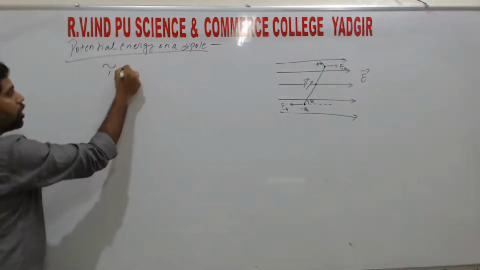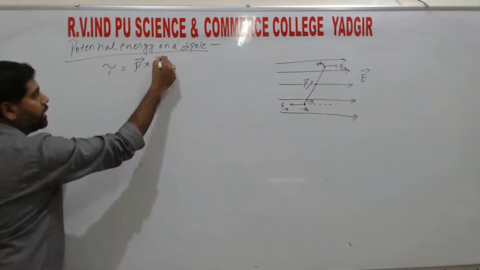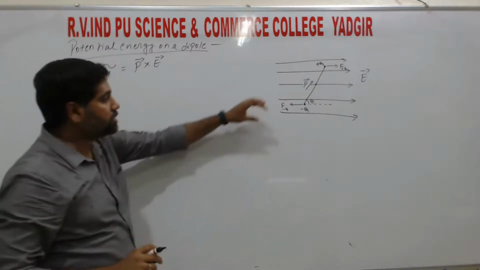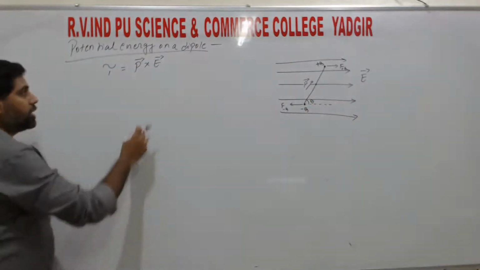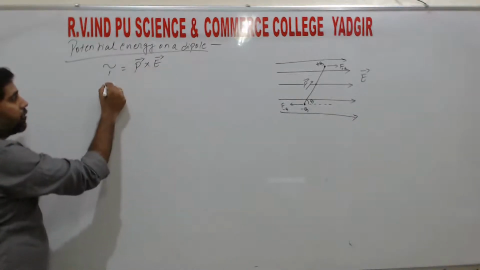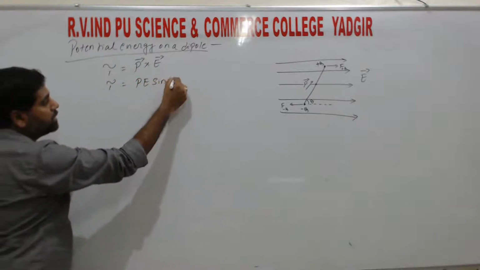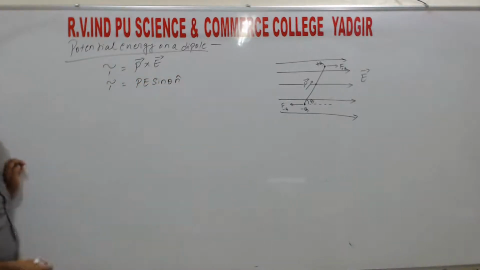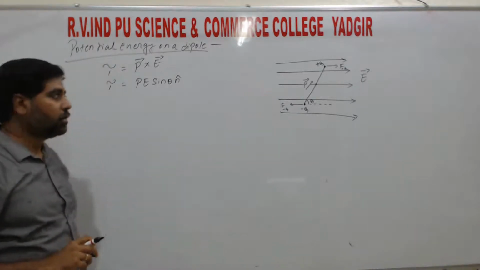We know torque equals P cross E, where P is the dipole moment and E is the electric field. When the angle between the dipole moment and the electric field is theta, tau equals PE sin theta n cap, where n cap is the unit vector.